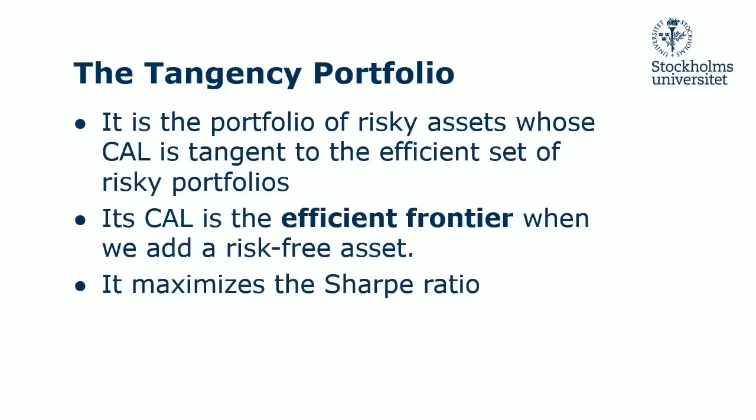Now, note that the slope of the capital allocation line happens to be the Sharpe ratio of the associated portfolio of risky assets.